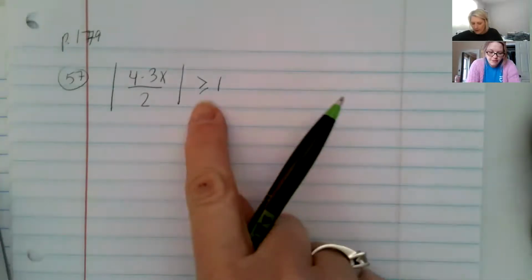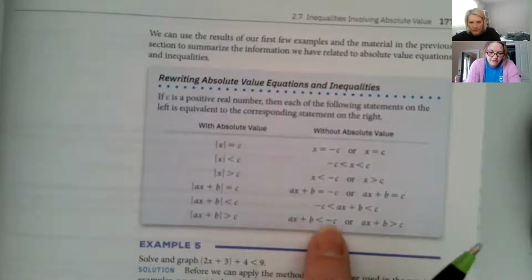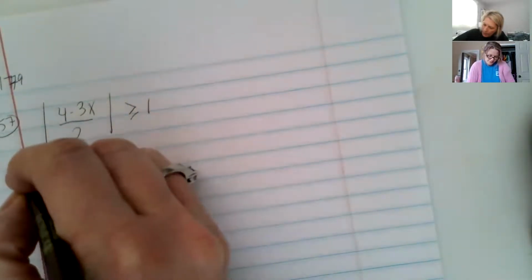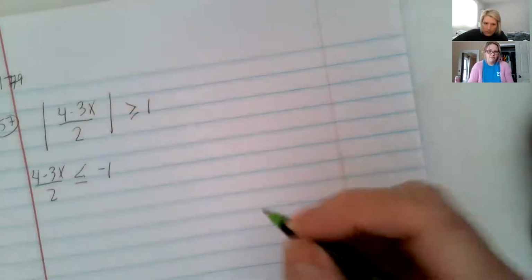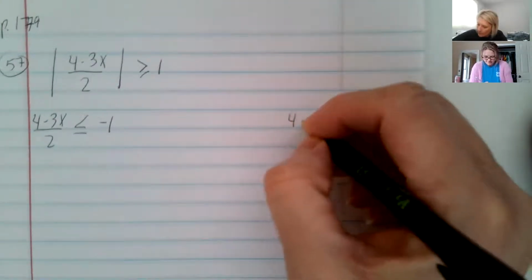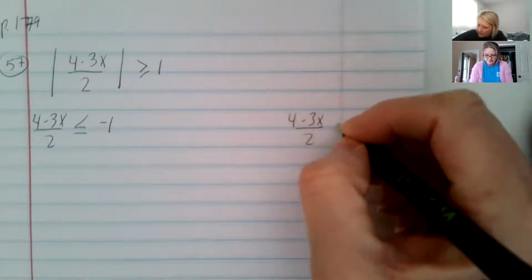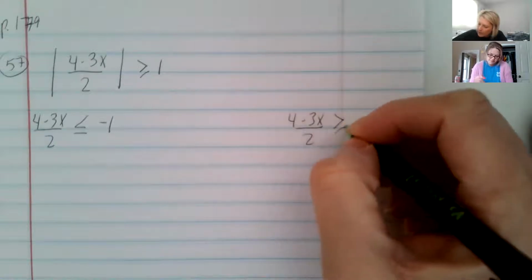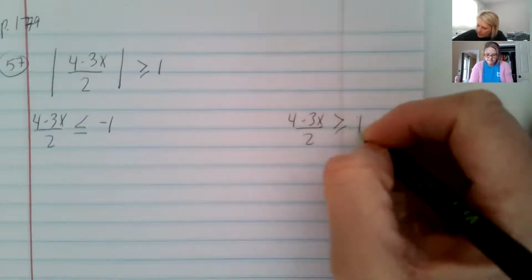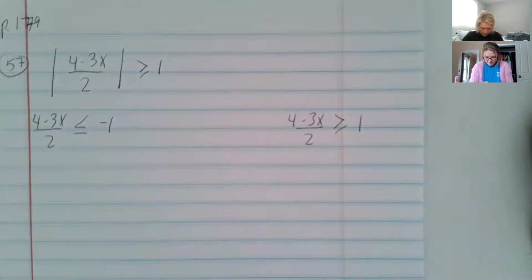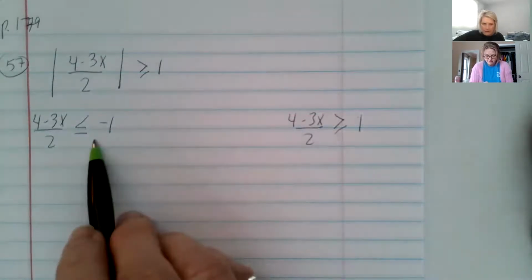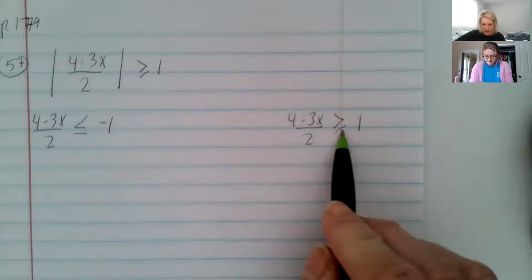So we have a greater than. So our absolute value piece is going to be less than the negative or greater than the positive. So we're going to have 2 situations. We're going to have 4 minus 3x over 2 less than or equal to negative 1, and then 4 minus 3x over 2 greater than or equal to the positive 1. So less than or equal to the negative, greater than or equal to the positive.